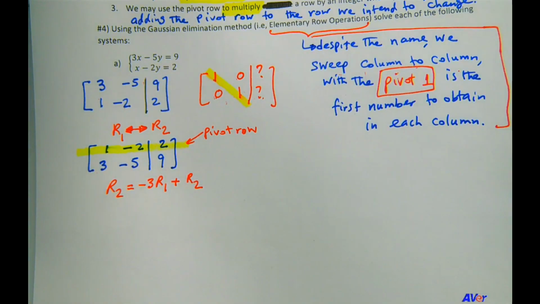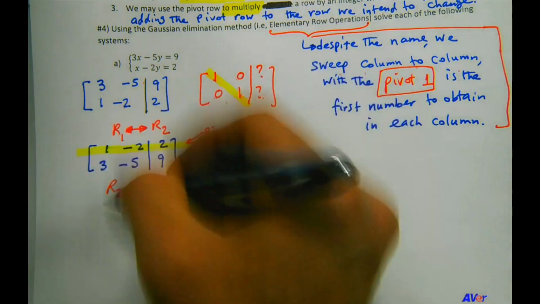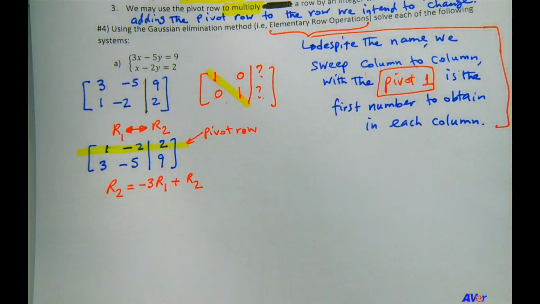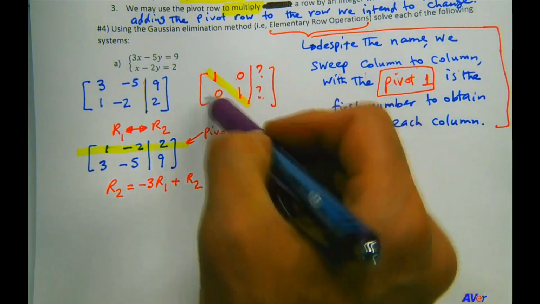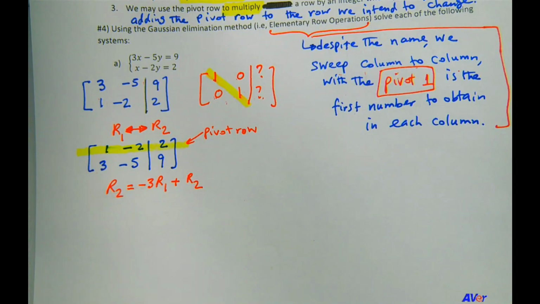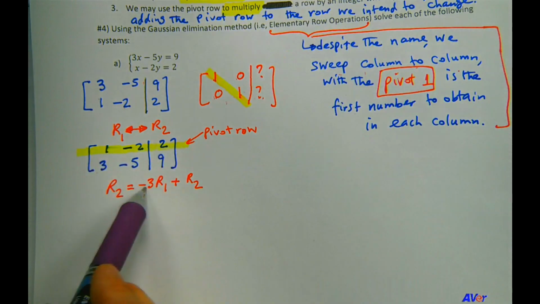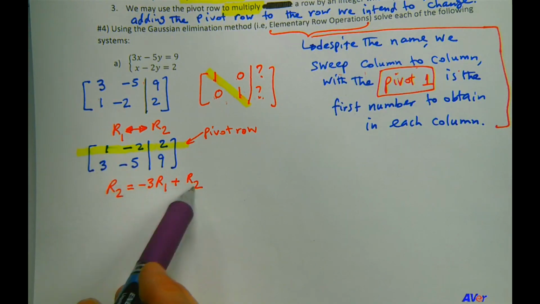Okay? So that's why we call this row operation, but our objective is to sweep column to column. And we're almost done with the first column, but not yet. We need to carry out this row operation. We need to multiply the first row by -3 and then add it to second row.